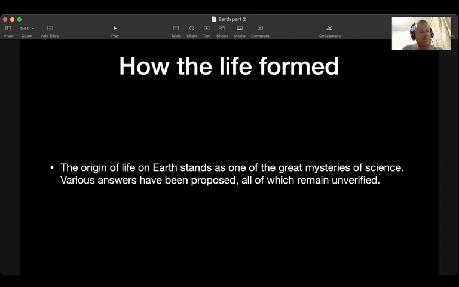So nobody actually knows how life formed millions of years ago on Earth. How did the very first life ever appear on Earth? No one knows that yet, and we probably never will. Well, that's the answer that we don't want to look forward to. The answer that we want is to know how life was formed.